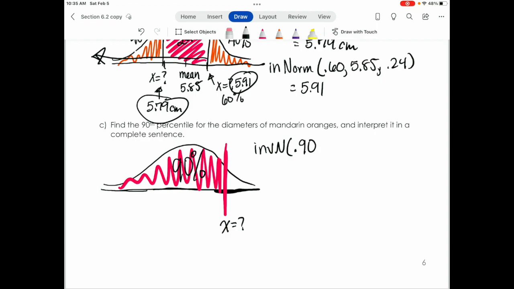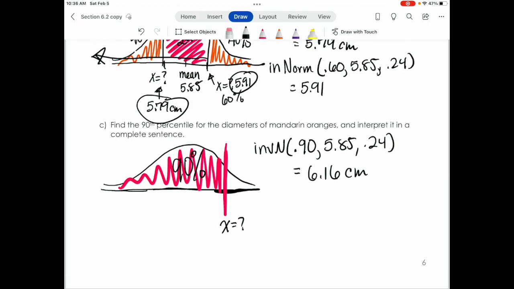So I want to find the inverse norm. And I'm going to put in for the percentile the 90th percentile, so 0.9. Then I'm going to put in my mean and my standard deviation.